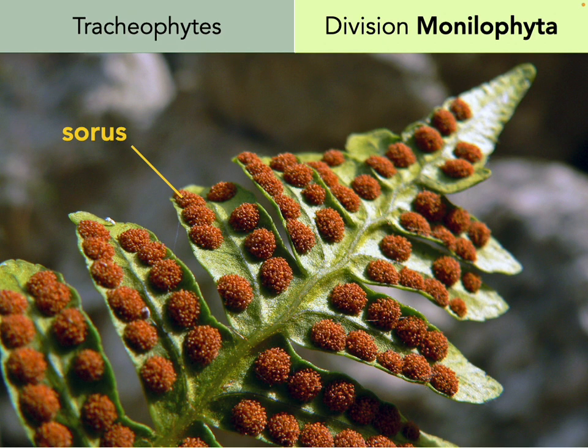So usually they would produce... can't really see, can you? You produce spores. Oh, it's not even on the lower side of the frond.